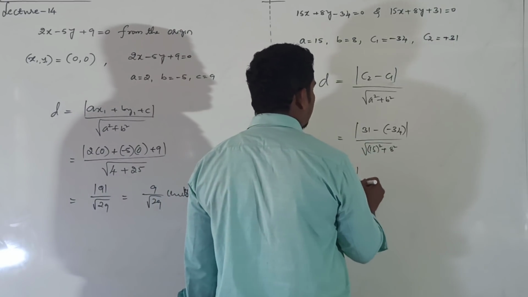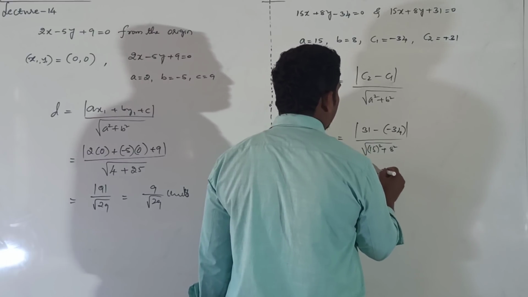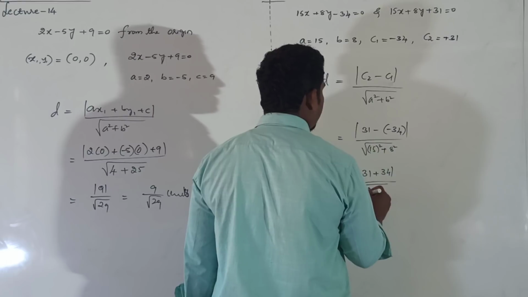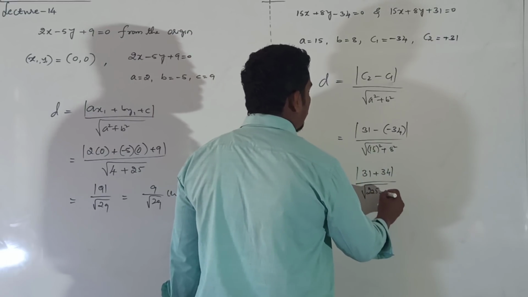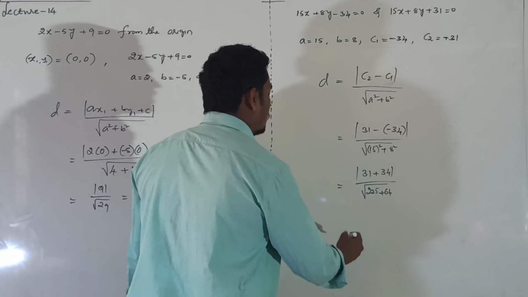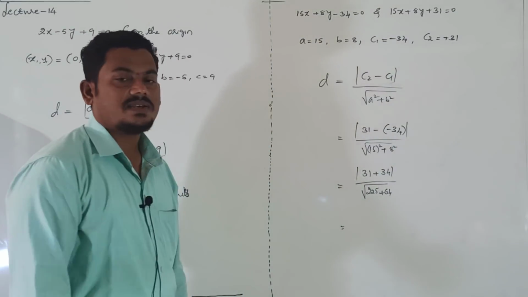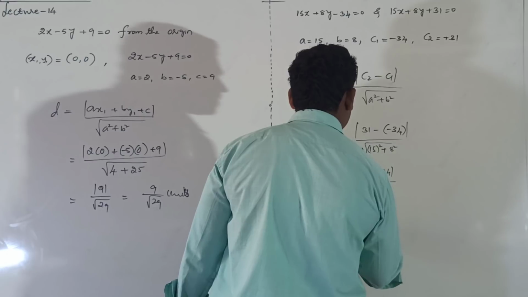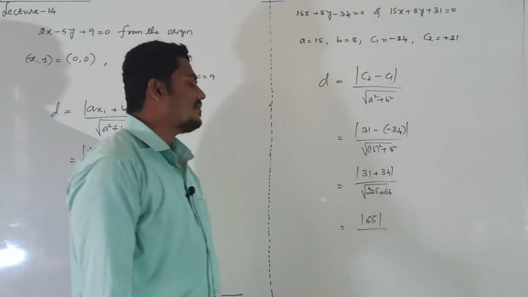That's equal to 31 plus 34 divided by square root of 225 plus 64, that's equal to modulus of 65 divided by the square root of 225 plus 64.